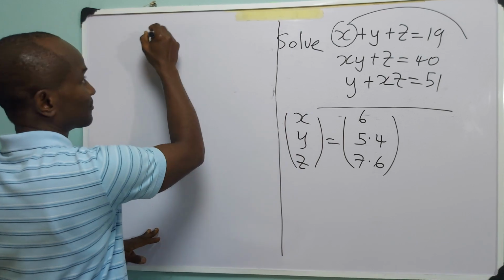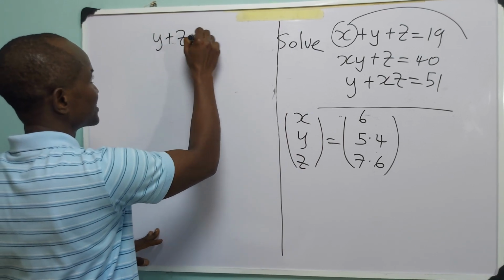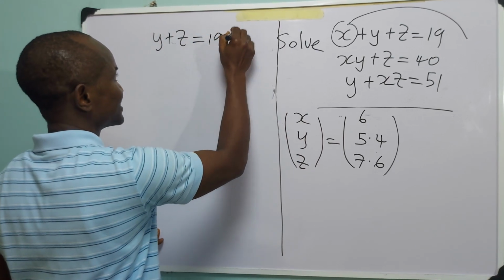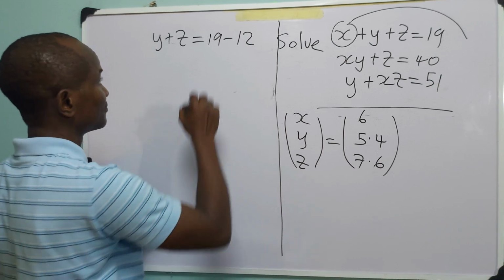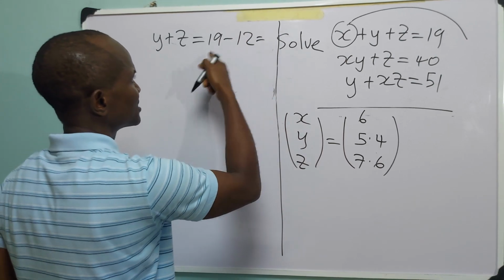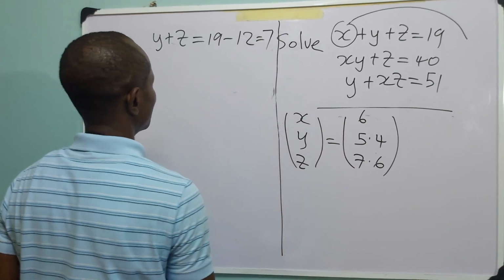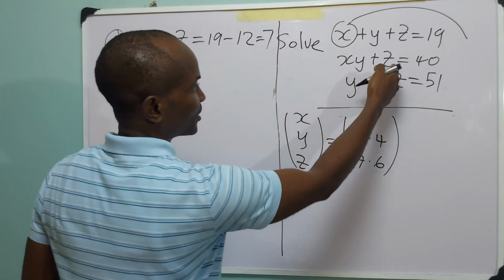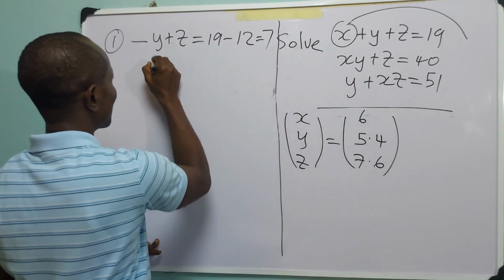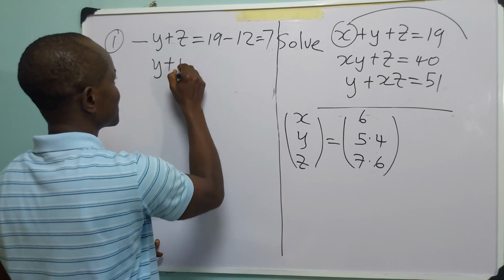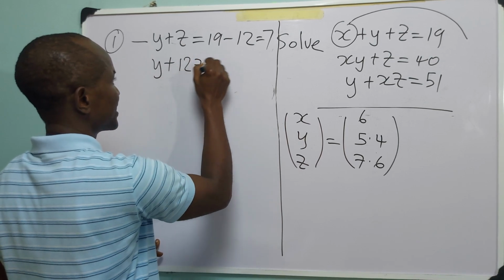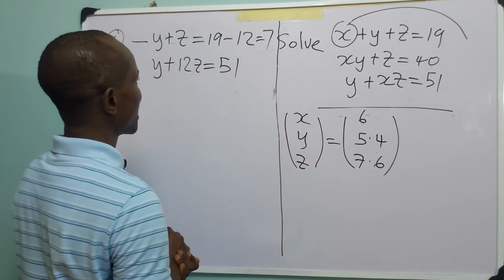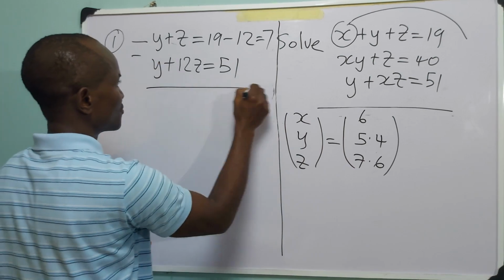So we have that y plus z is equal to 19 minus 12, of course, which is equal to 7. And this is equation 1. And we also have that y plus 12z is equal to 51. Once more, we subtract.